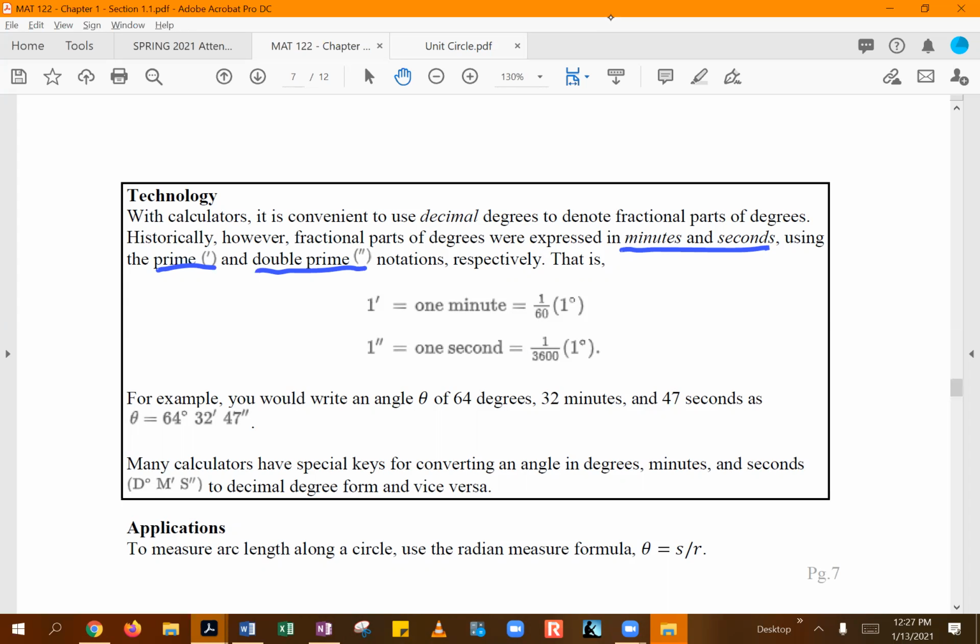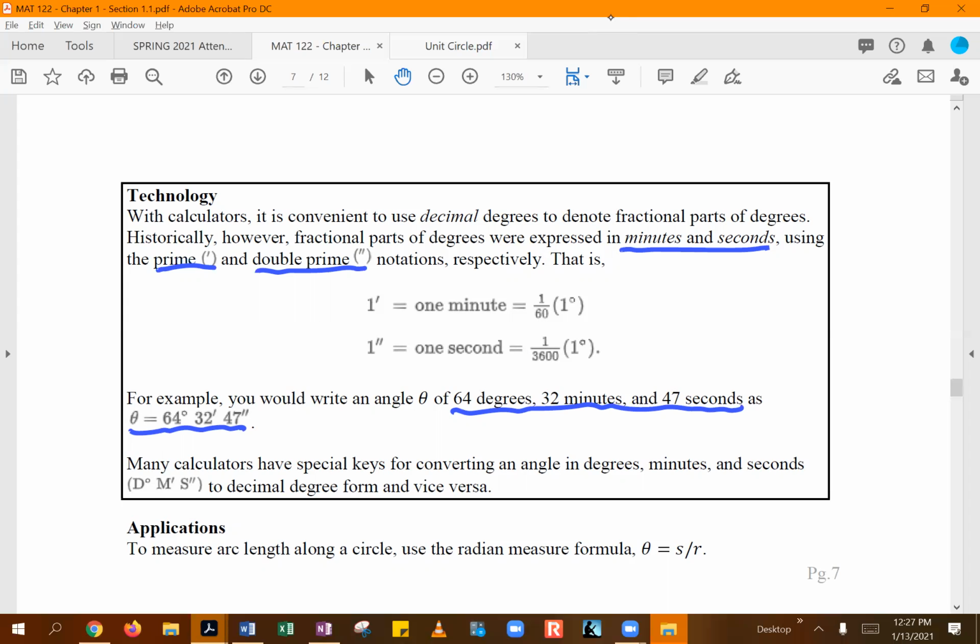So you can see over here, if you have 64 degrees, 32 minutes, and 47 seconds, we can write that measurement with the notation 64 degrees, then 32 with the single prime for the minutes, and 47 with the double prime for the seconds.